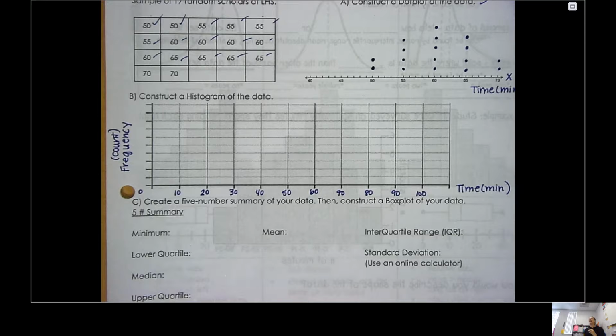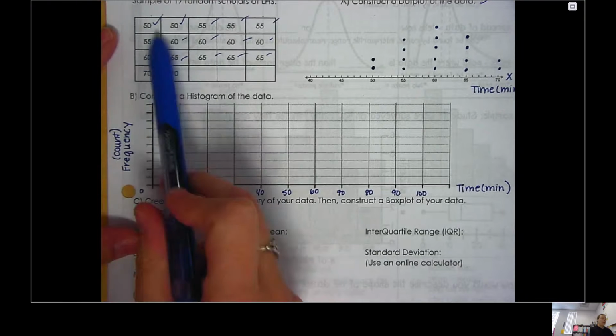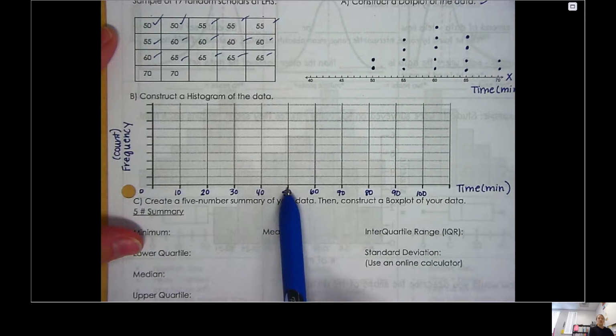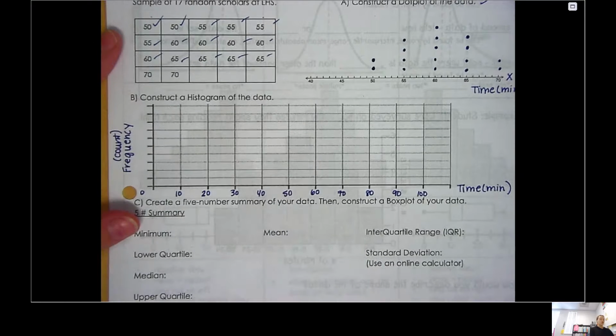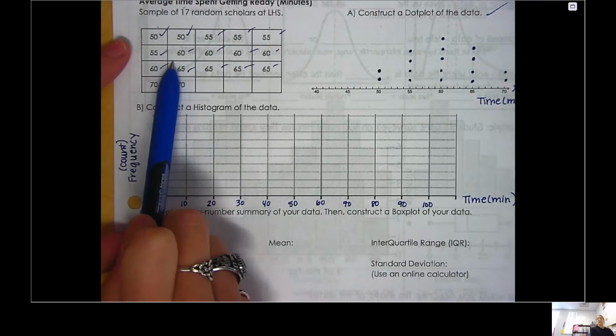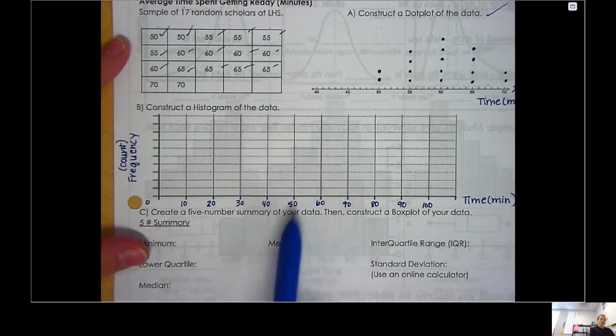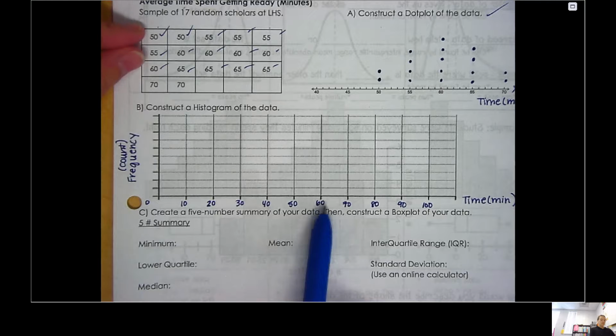Now, frequency means how many of each you have. So if I'm counting by 10s, I want to ask how many numbers I have from 50 to 60. If you come back up to your data, how many numbers are between 50 and 60? They don't include the 60, so it has to be 50 essentially up to 59.